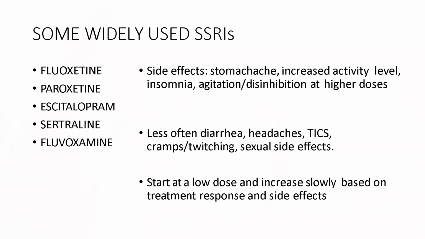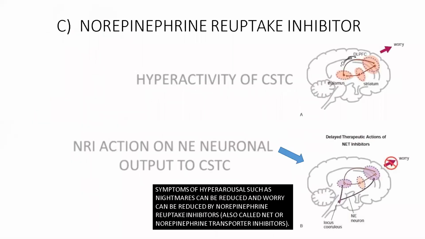Less often diarrhea, headaches, and tics, which cause cramps and twitchings, and sexual side effects. All these drugs should be started at a low dose and the dose titrated slowly based on treatment response and side effects. It may take almost 1 to 1.5 months to reach the maximum dose of these drugs, so it should be titrated very slowly.